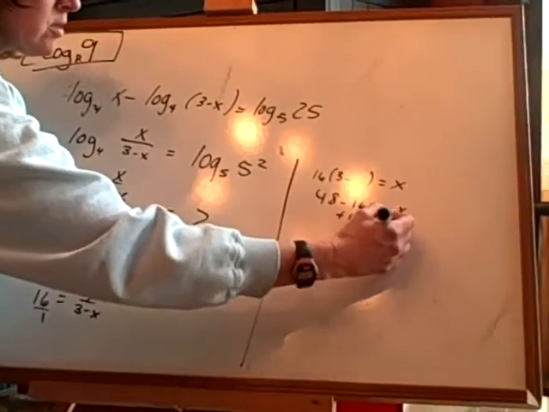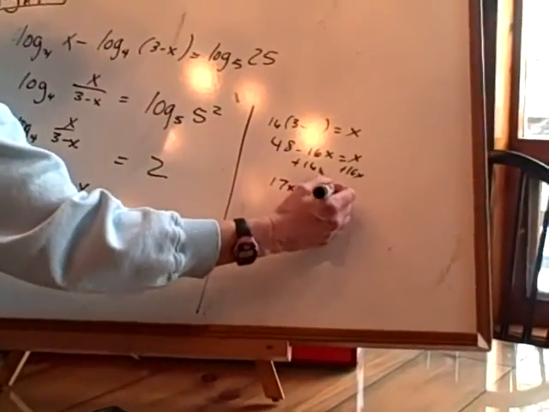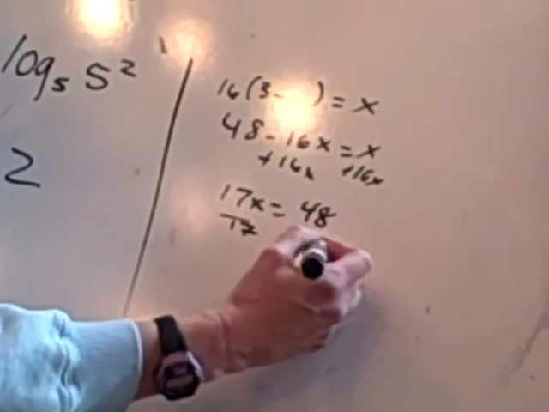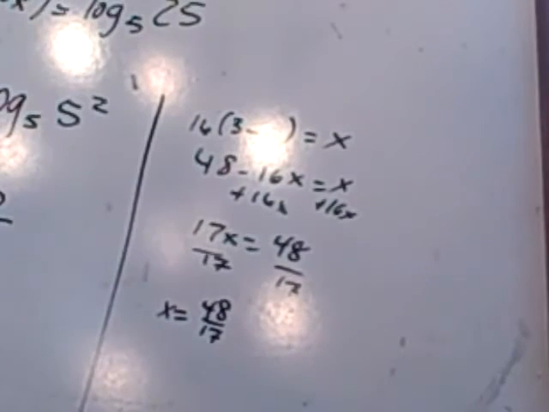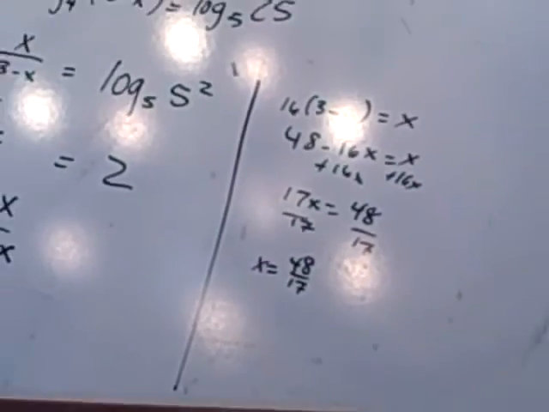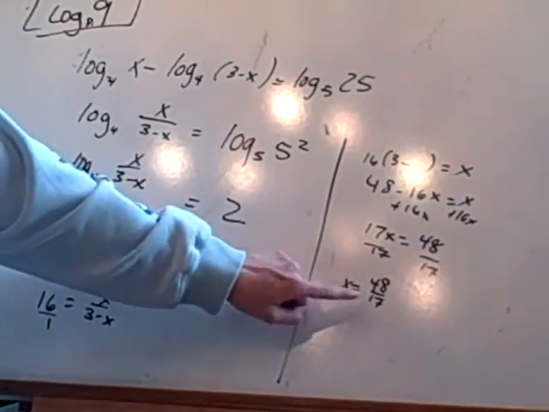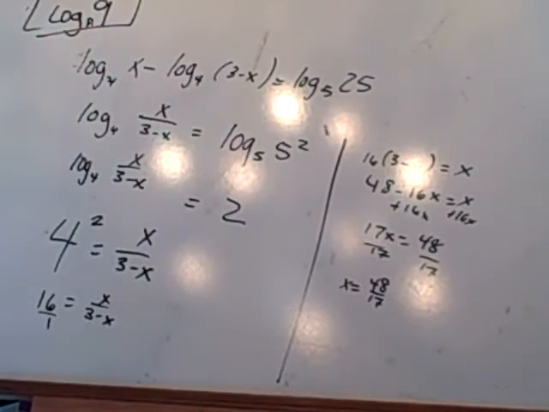I'll add 16x to both sides. 17x equals 48. I'll divide both sides by 17. I end up with 48 17ths. And 17 times 3 would be 51, right? And so this number is less than 3, so this would still be a positive in here, so you should be good to go.